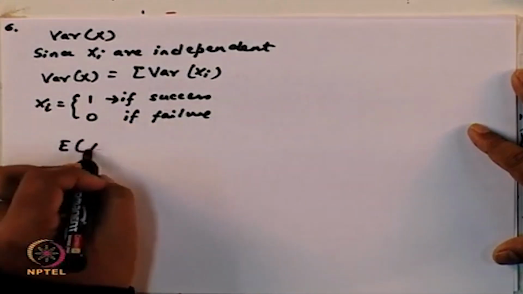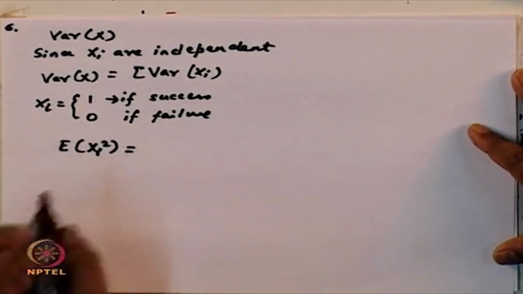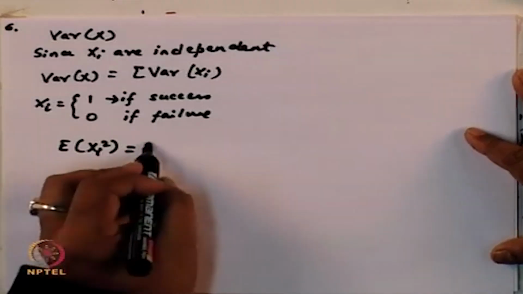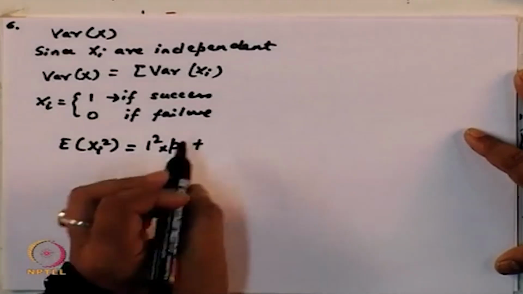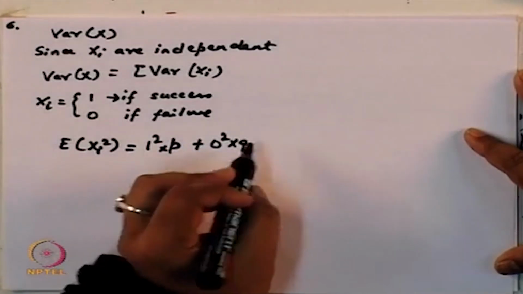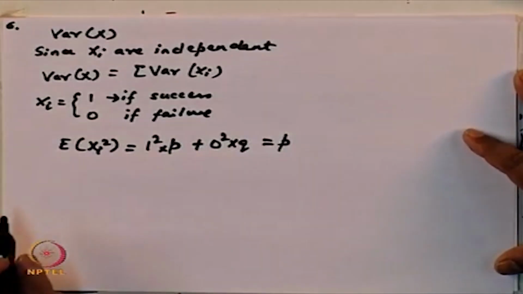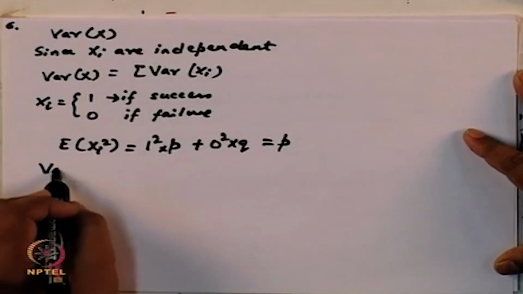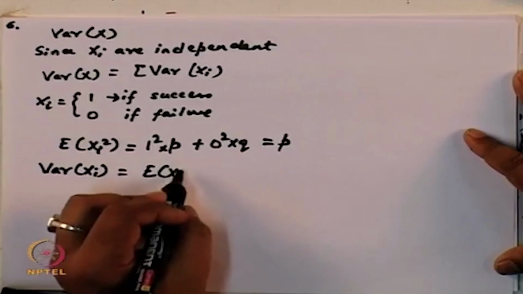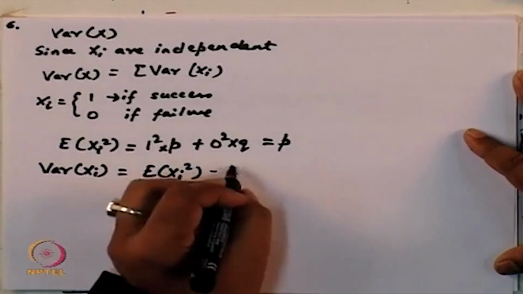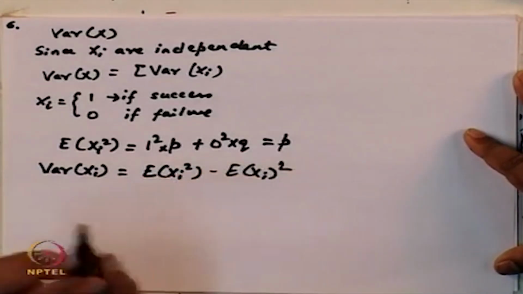So, E of x_i square is equal to 1 square into p plus 0 square into q, which is equal to p. So, your variance of x_i is going to be E of x_i square minus E of x_i whole square.